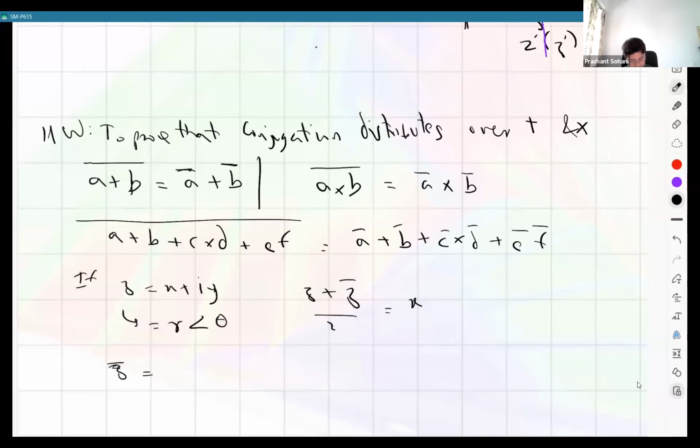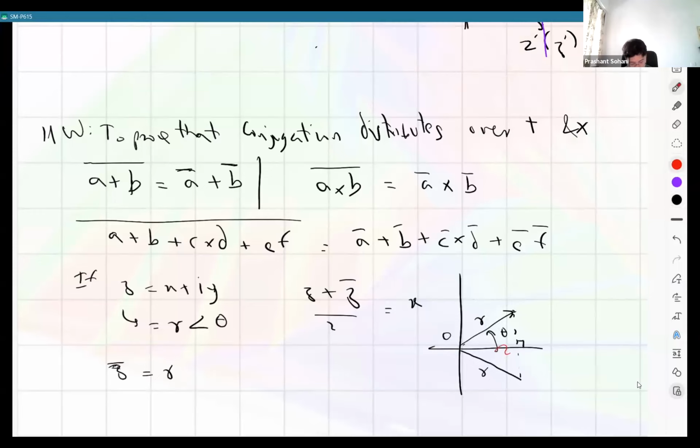What do you think the polar coordinate of z bar will be? Because we are measuring the angle like this. If this is theta, then will the distance from the origin change if I take the mirror image? No. So the distance is going to be the same. But what about the angle? What will happen to the angle?